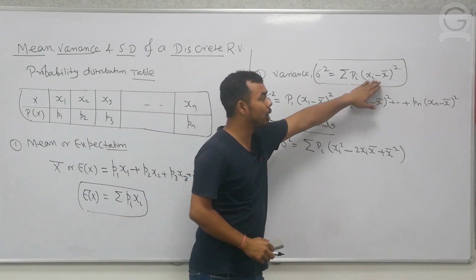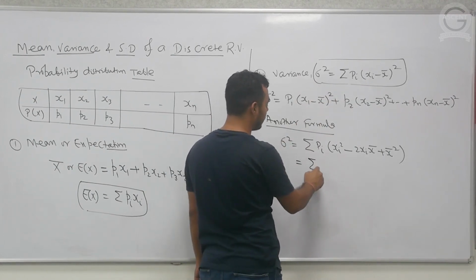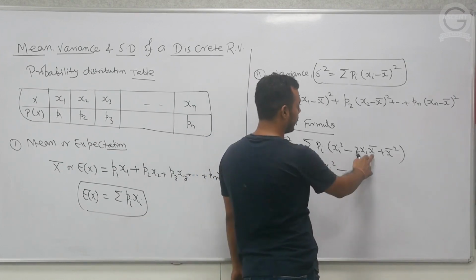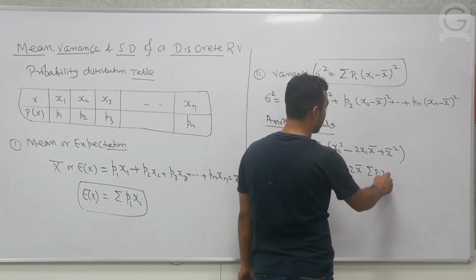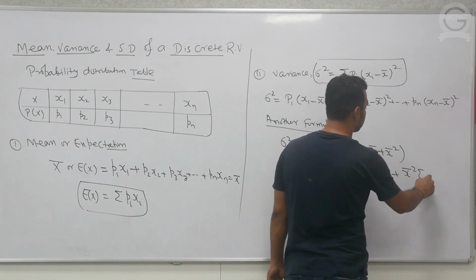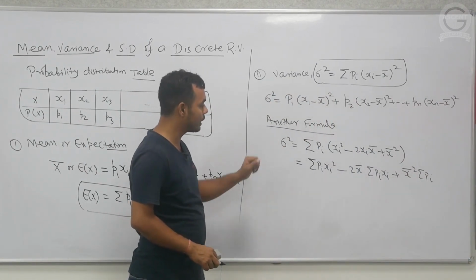We are using the formula of (a minus b) square. Now if I separate this, I get summation pi xi square minus 2 x bar summation pi xi, since x bar is constant and can be taken outside, plus again x bar square, a constant, times summation pi. So this will be the value of variance sigma square.